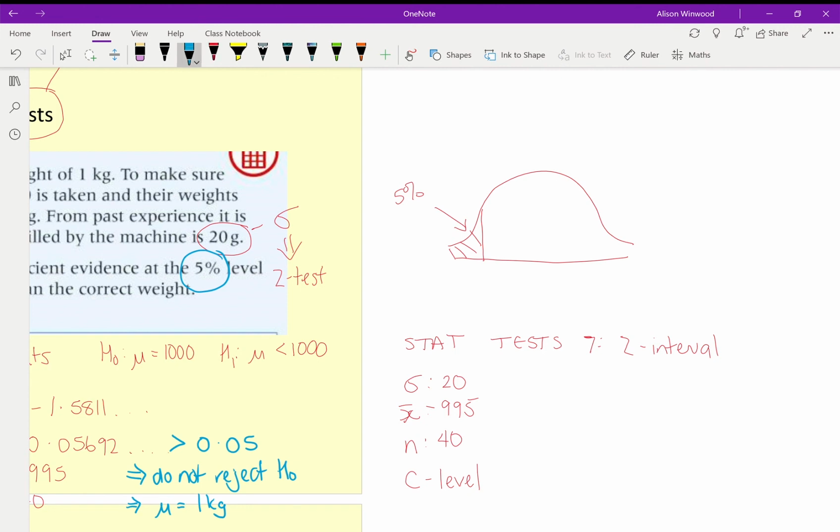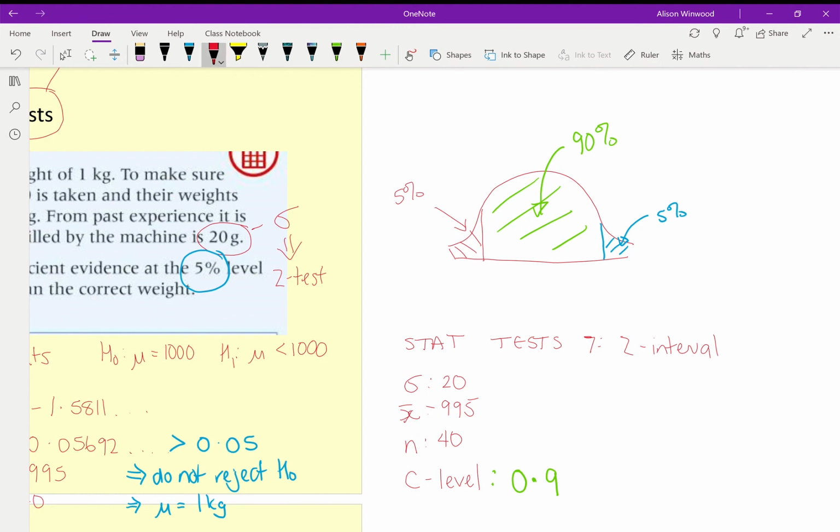So we imagine that we have a symmetric point at the top end of 5%, which means that in the middle we've got 90% of the data. And that's the value we're going to use as our confidence level, 0.9, because we've got a one-tailed test, not a two-tailed test.